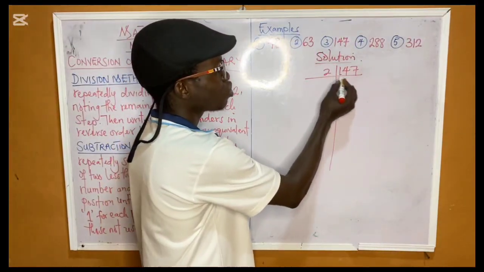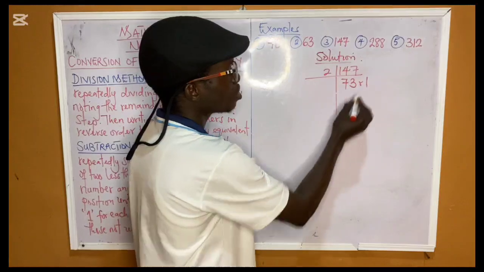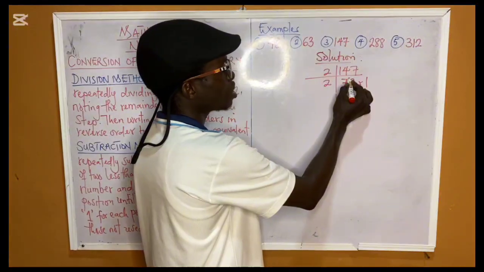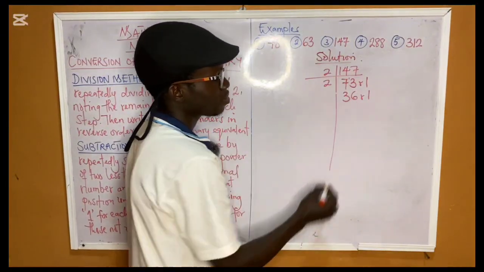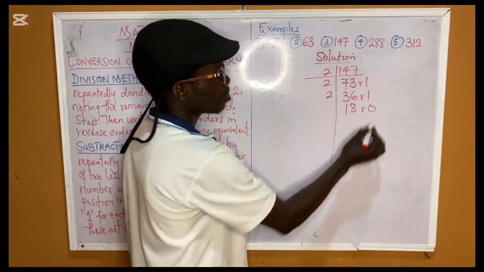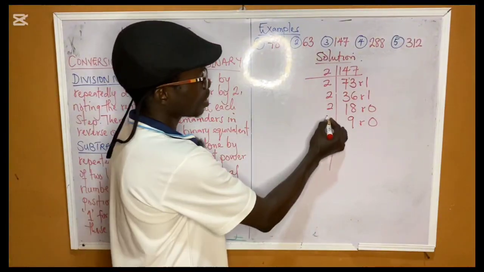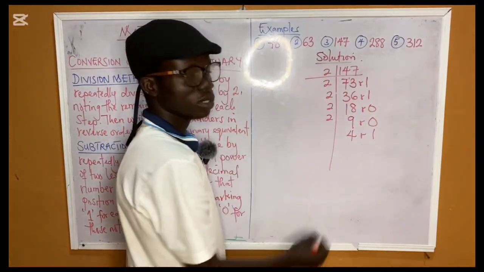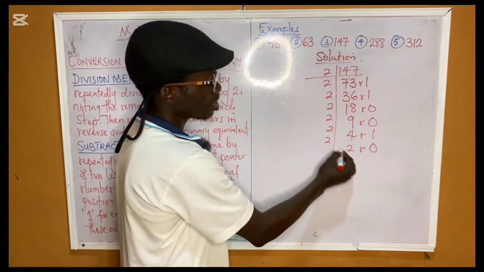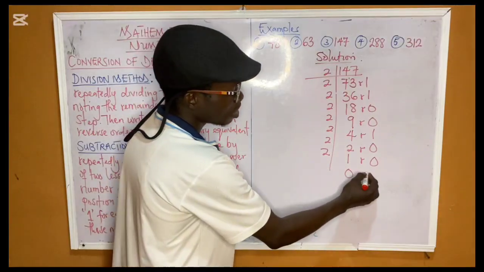We divide by 2. 2 in 147, that is 73, remainder 1. 2 in 73, that is 36, remainder 1. 2 in 36, that is 18, remainder 0. 2 in 18, 9, remainder 0. 2 in 9, that is 4, remainder 1. 2 in 4, that is 2, remainder 0. 2 in 2, that is 1, remainder 0. Then the last one is 2 in 1, 0, remainder 1.